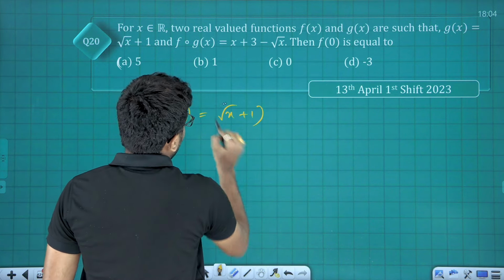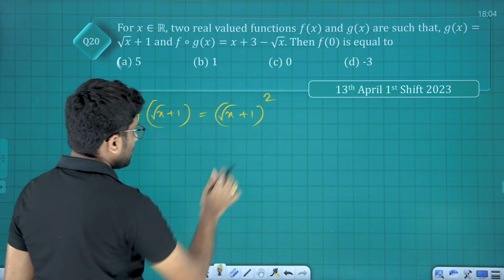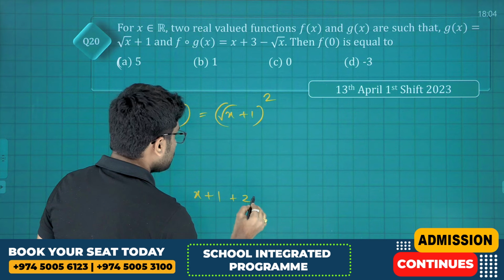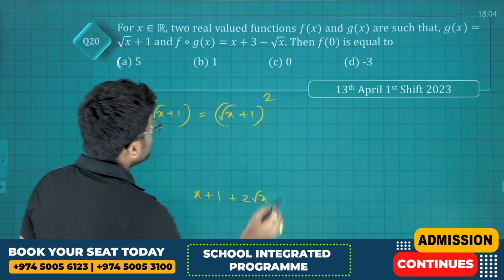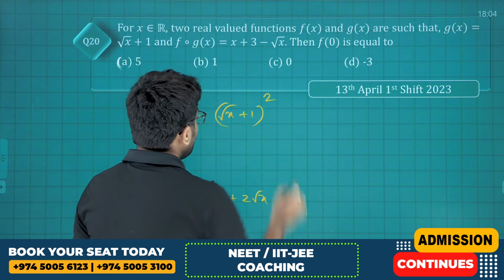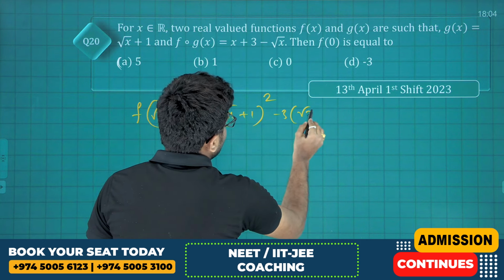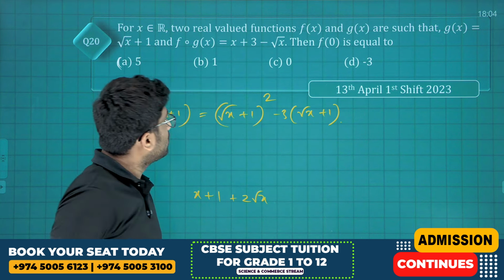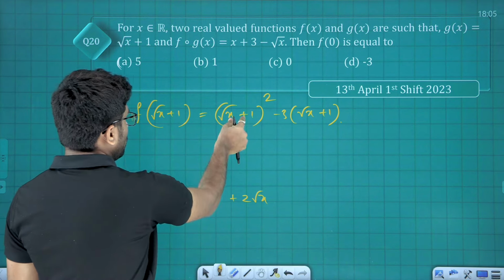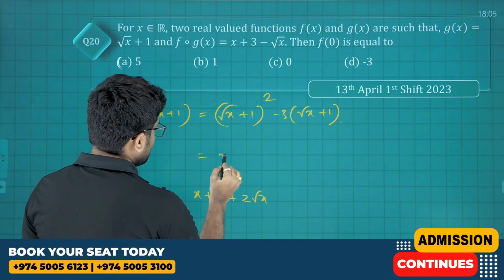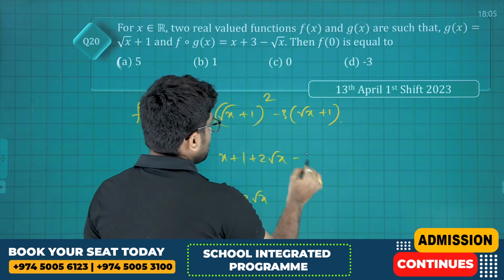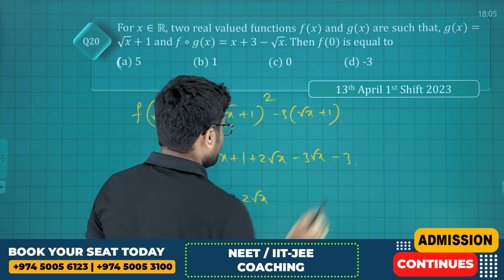Let's see something. Root x plus 1 whole square. What is root x plus 1 whole square? It is x plus 1 plus 2 root x. But we have minus 3 root x, no? So for that, minus 3 times of root x plus 1. Root x plus 1 whole square is x plus 1 plus 2 root x, minus 3 root x minus 3.